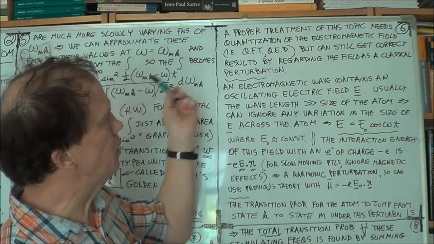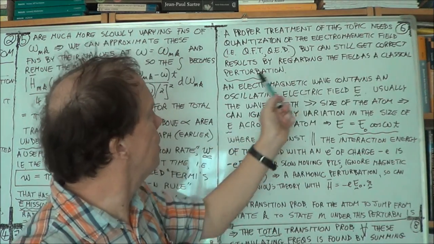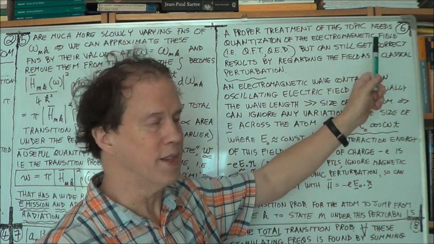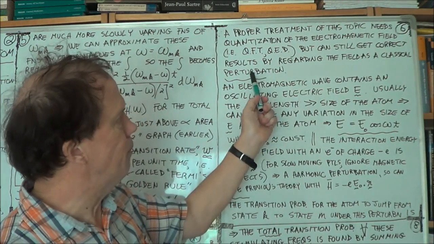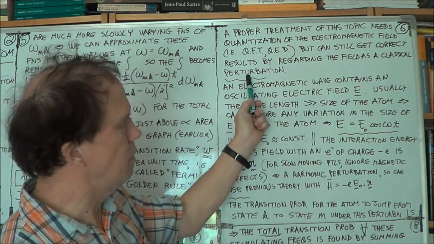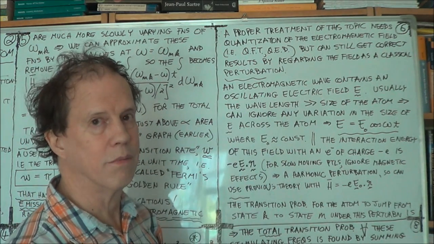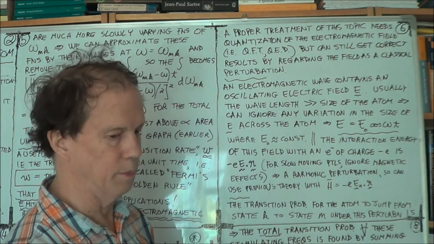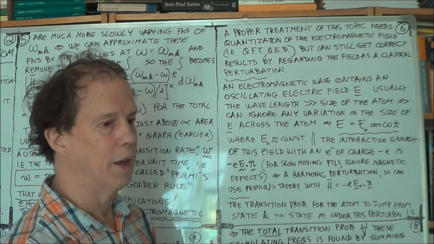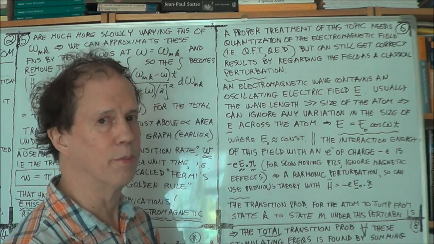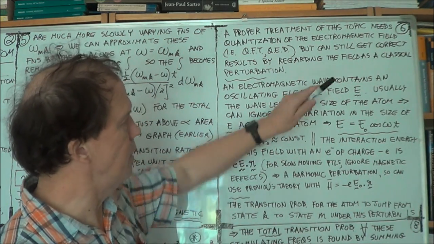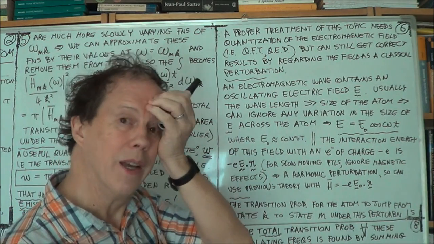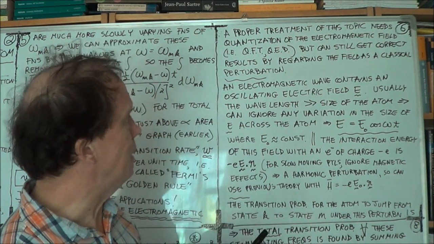But still, in this particular case, you can still get some correct results using a sort of quasi-classical approach to your perturbation. You can approximate your H dashed as a classical perturbation. So here's an example of doing that kind of thing, arguing reasonably classically in a sense.